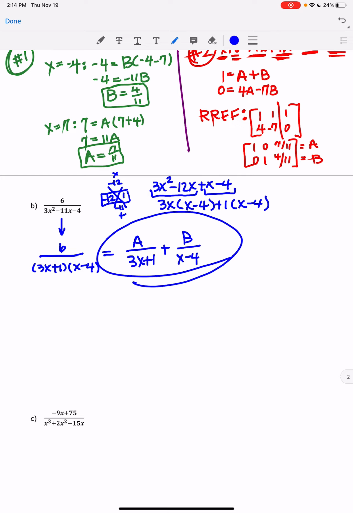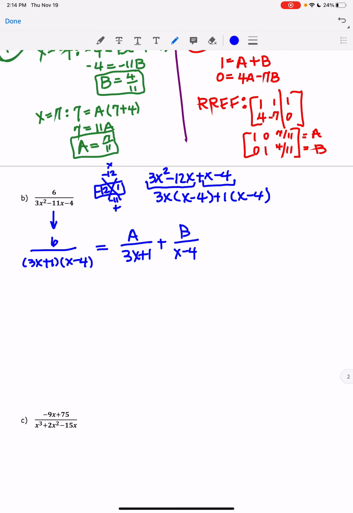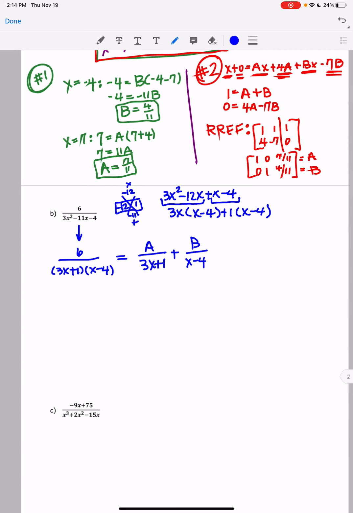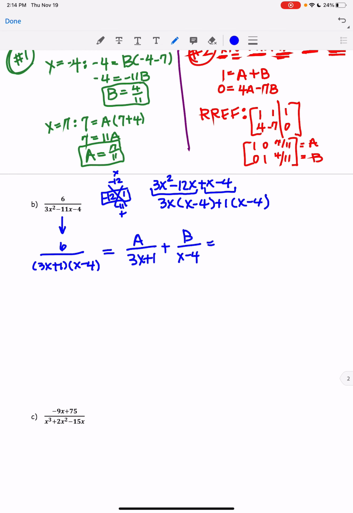So now let's combine these. So we're going to go diagonally. So I've got A times x minus 4 plus, go diagonally here, B times 3x plus 1, and that's all over these two together.